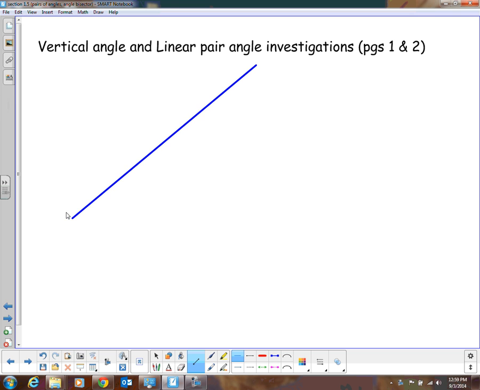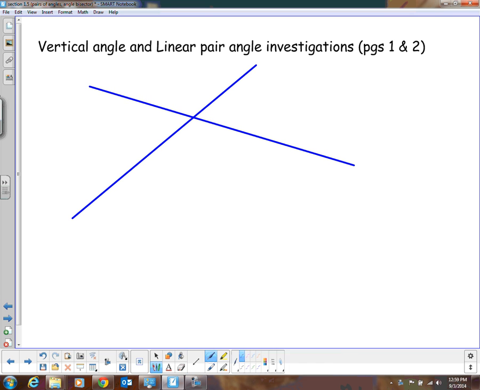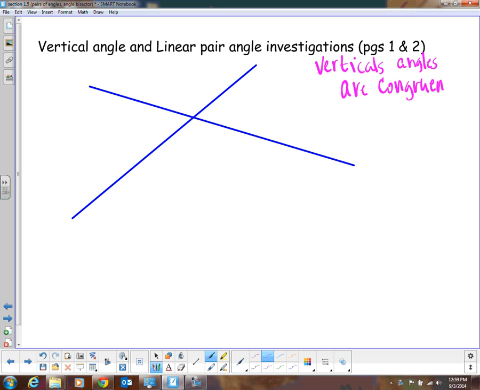Yesterday in the investigation, you all should have discovered a relationship for vertical angles: that vertical angles are congruent. Vertical angles are congruent, and congruent means equal.